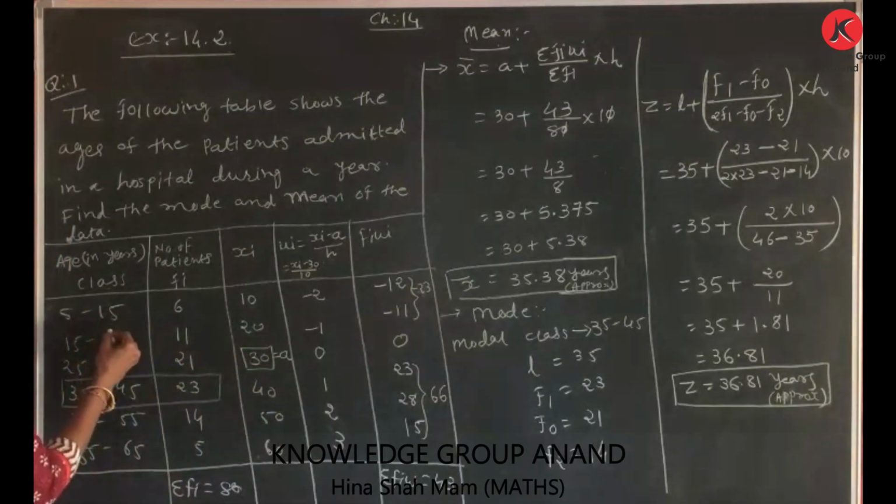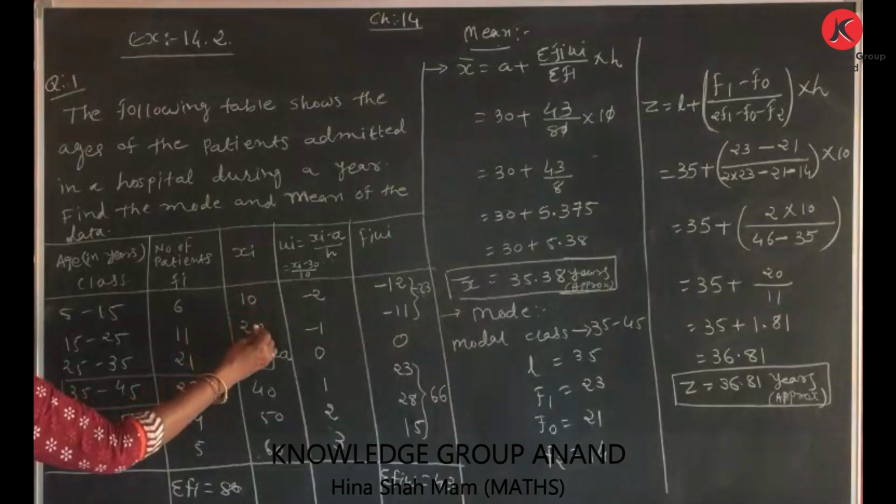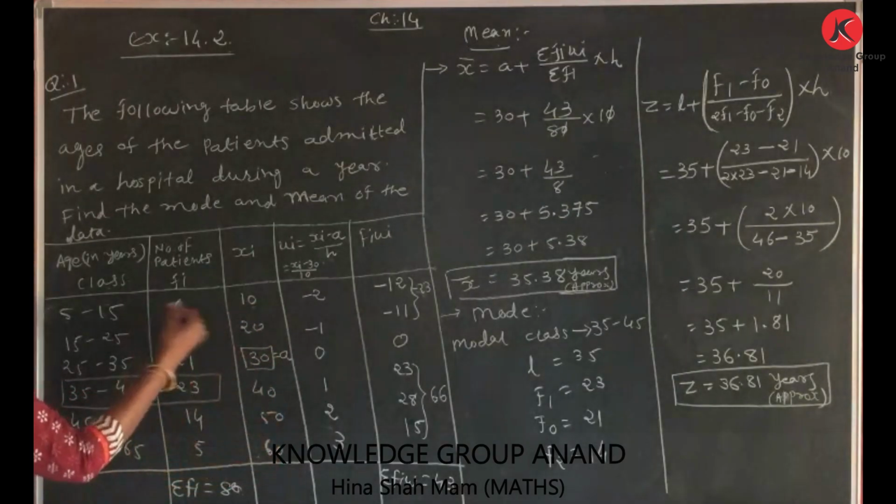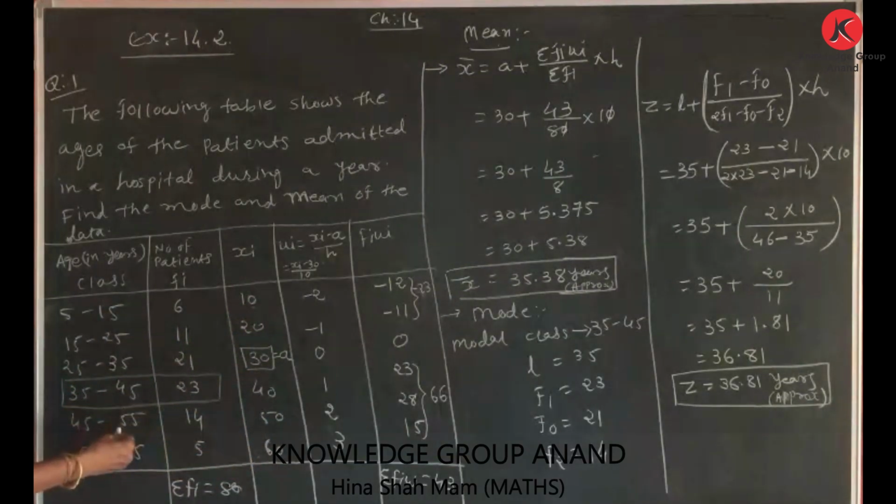Then our class size is 10, so 10, 20, 30, 40, 50, 60. Ten is added each time, so the classes are continuous and the class size is equal.